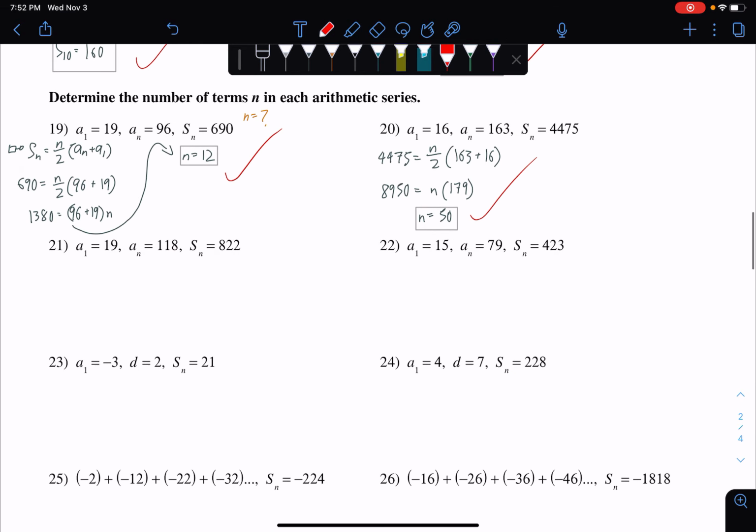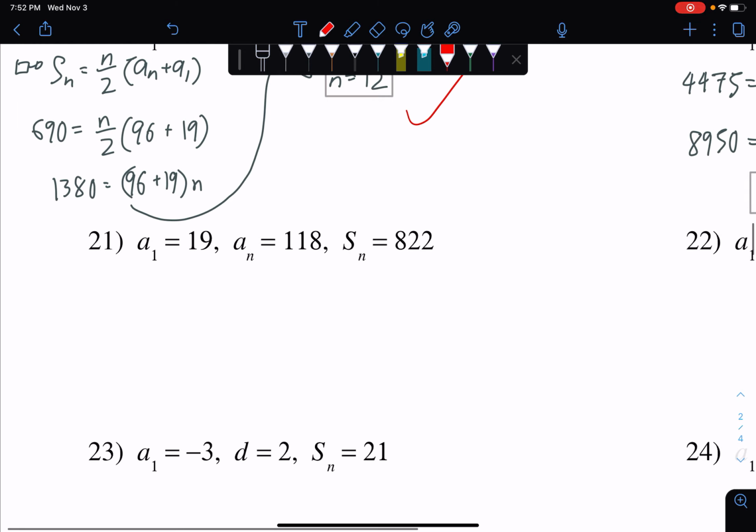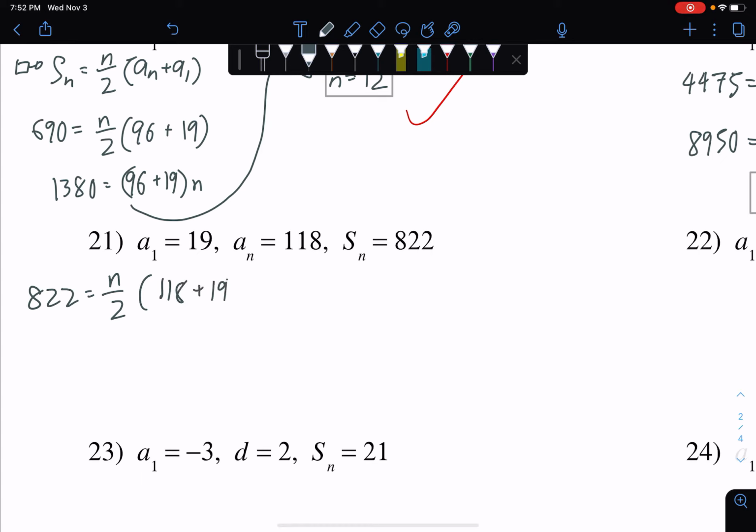Alright, let's move to number 21. Now we have 822 as our s sub n, which is equal to n over 2 times the quantity 118 plus 19.